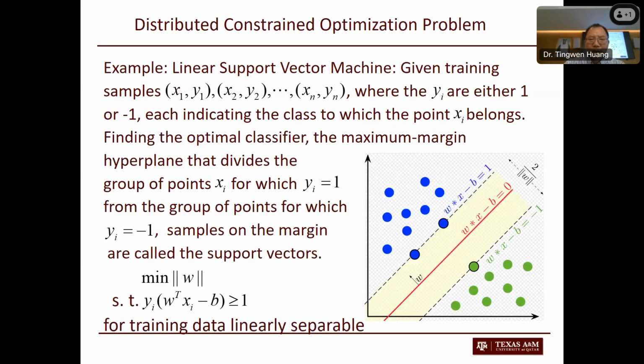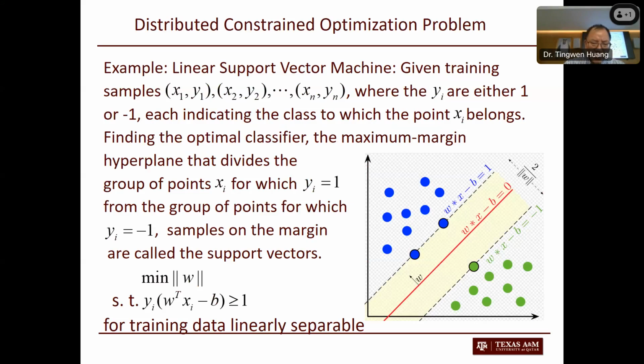So, linear support vector machine: given training samples (x1, y1) to (xn, yn), where the yi are either 1 or -1, each indicating the class to which the point xi belongs, find the optimal classifier, the maximum margin hyperplane that divides the group of points xi for which yi is 1 from the group of points for which yi is -1.